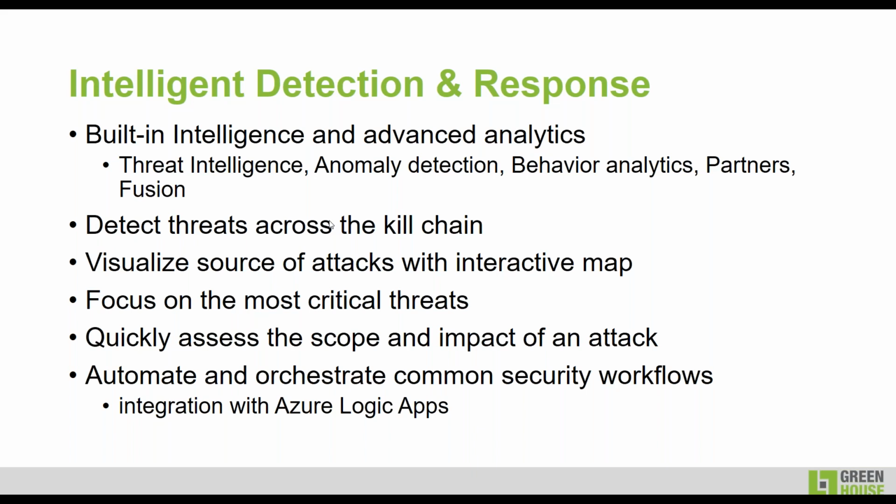How did the attacker reach where the attack is happening right there? Security Center not only helps you detect the threat at one instance, it detects the threat across the kill chain. How did the attacker reach where they are right now, where the threat event is occurring? So the whole kill chain, it detects and tries to mitigate.